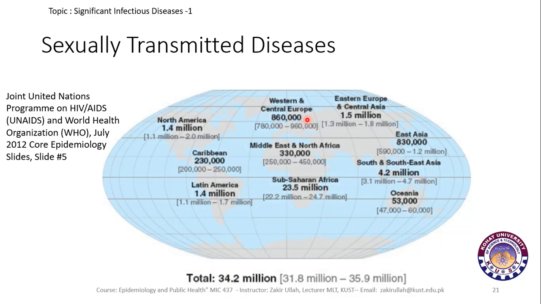Western and Central Europe, 8,600,000 people were infected, and the Middle East, North Africa region, and Sub-Saharan Africa, the most infected region from HIV. This is Eastern and Central Asia, East Asia, Southeast Asia, from which 4.2 million people were infected from HIV, and Oceania, in which 53,000 people were infected from HIV AIDS.